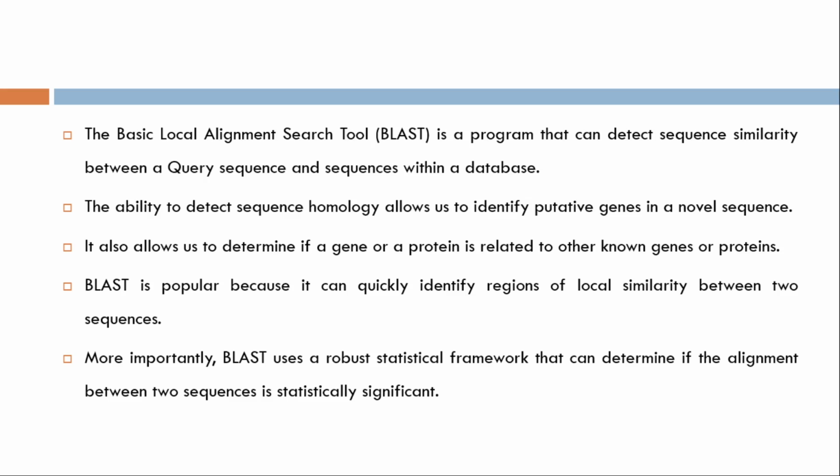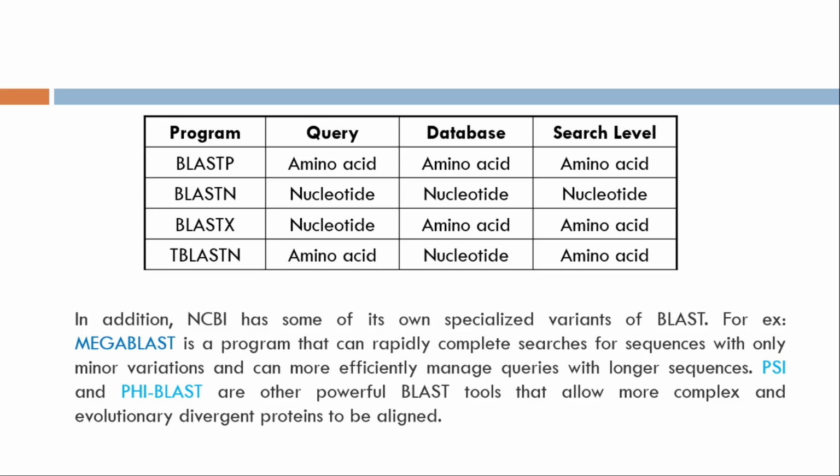So a lot of versions of BLAST are available. The important version of BLAST is BLASTP. Here are the very important things you have to remember. If you have an amino acid, a protein, as a query and you want to match it with proteins in the database, you can use BLASTP.